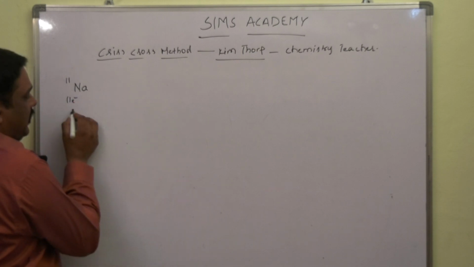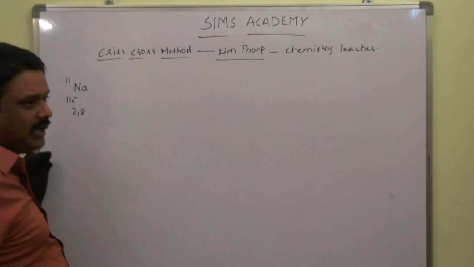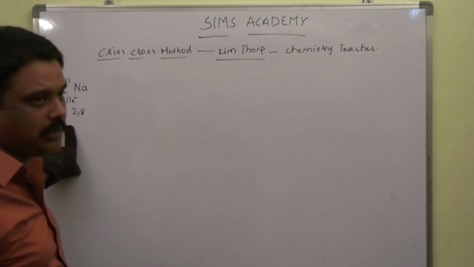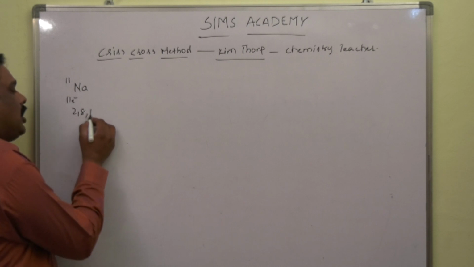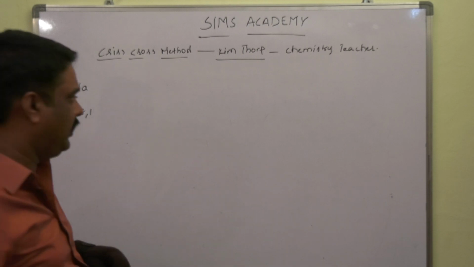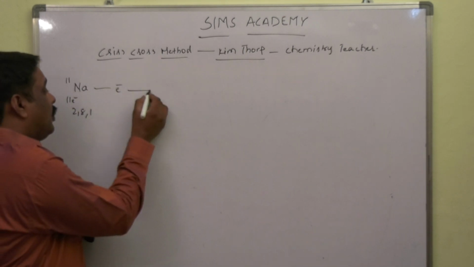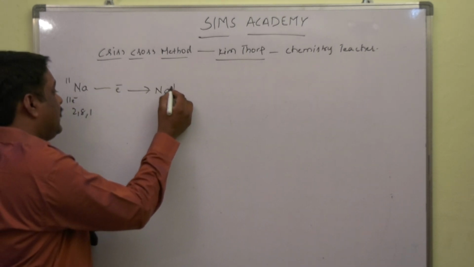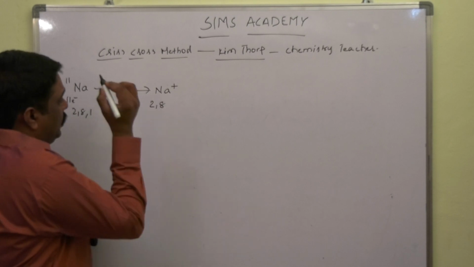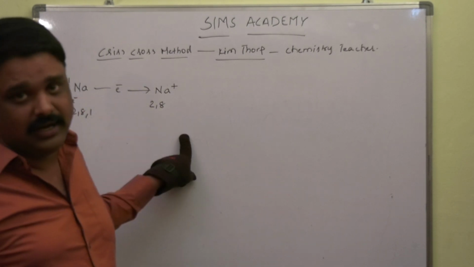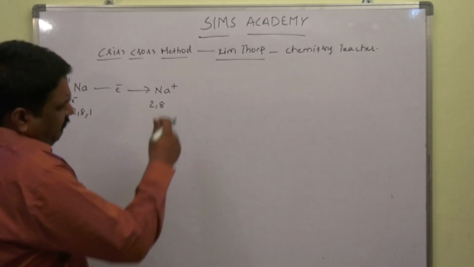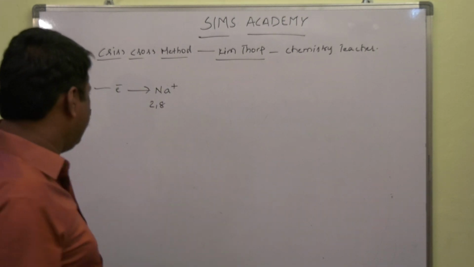For attaining stability, as we know, 2, 8, 1: 2 electrons in the first orbit, 8 electrons in the second orbit and 1 electron in the third orbit. To get the octet configuration, it loses 1 electron and forms Na plus ion, that is 2, 8 if it loses this 1 electron. Hence it forms Na plus.